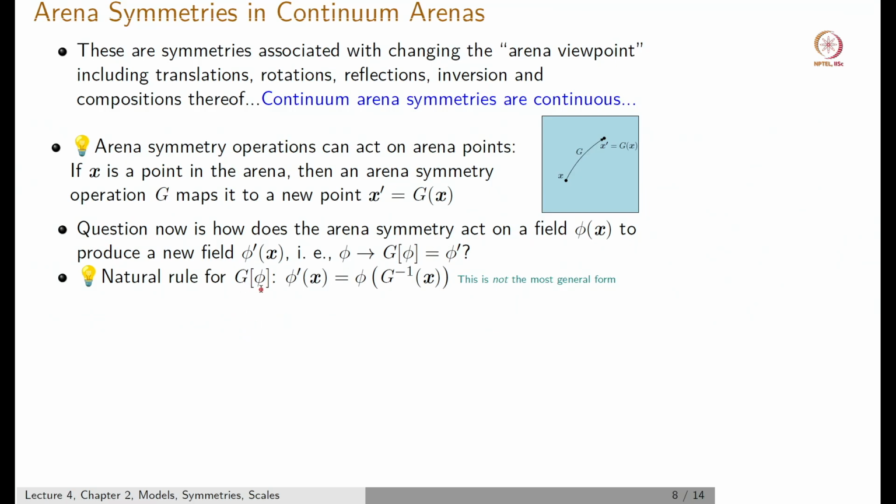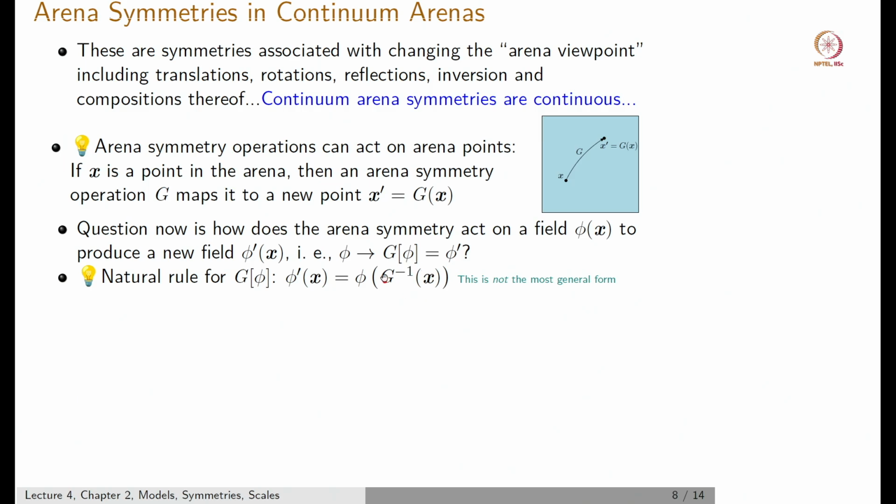So G of phi is phi prime of x. So what is this x? This x is some point in the arena. To find the new value of the field at the point x, find out where that point came from before you did the transformation, and that would be this point, G inverse of x.